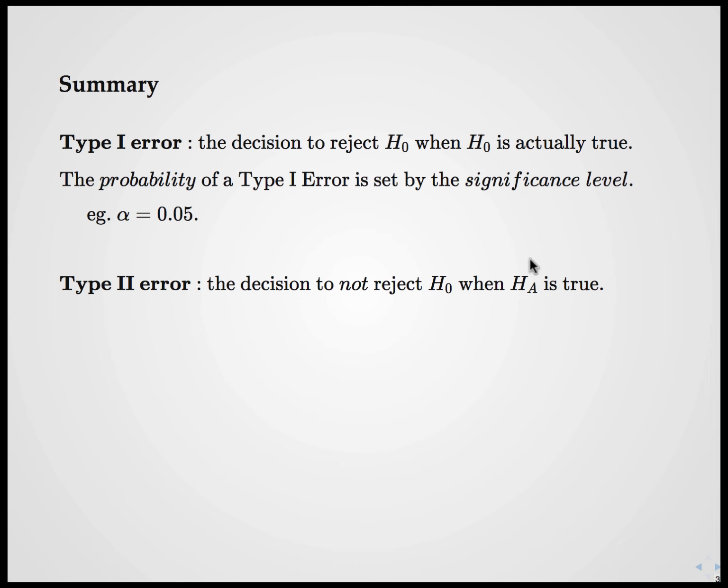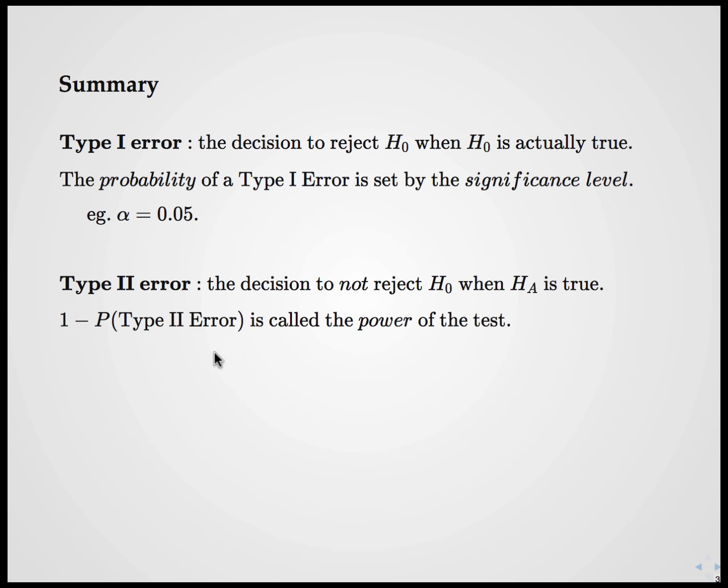Now if you think about the alternative hypothesis, that has a whole range of values within it. When we say mu is not equal to m, m is one value, and if mu is not equal to m, then there's a whole range of other values that it could take. So HA being true, in fact, covers a whole range of possible values for mu.